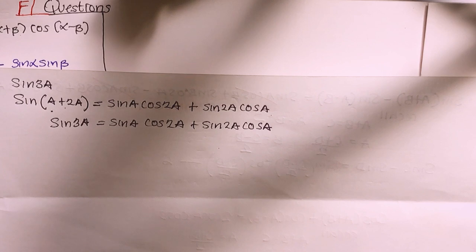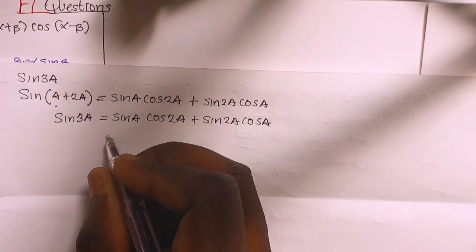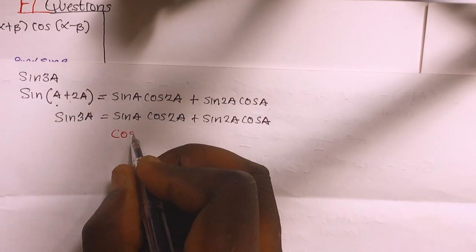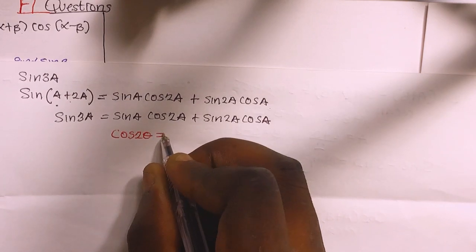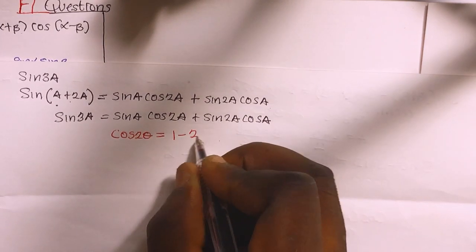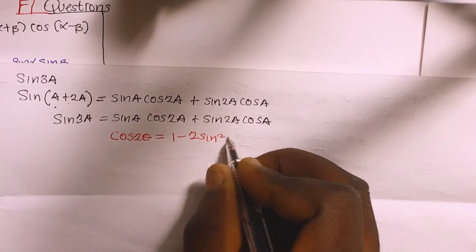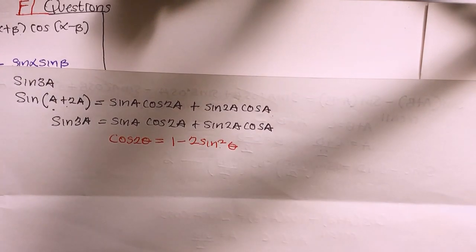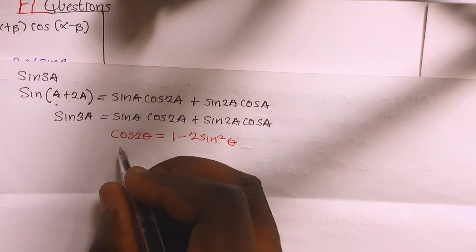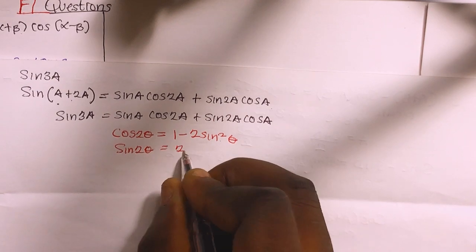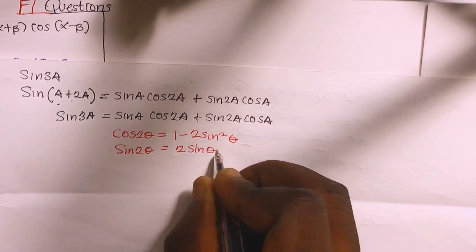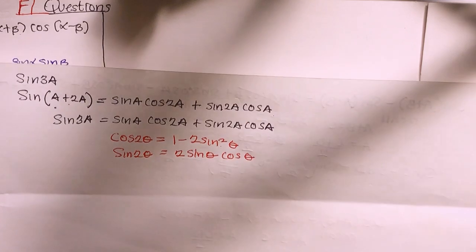But for those of us that are here, I told you guys that cos 2 theta is the same thing as 1 minus 2 sine square theta, right? And sine 2 theta is the same thing as 2 sine theta cos theta.